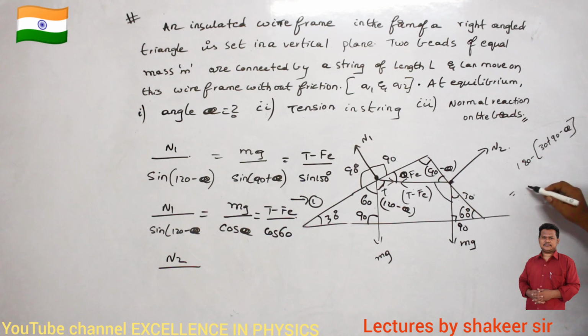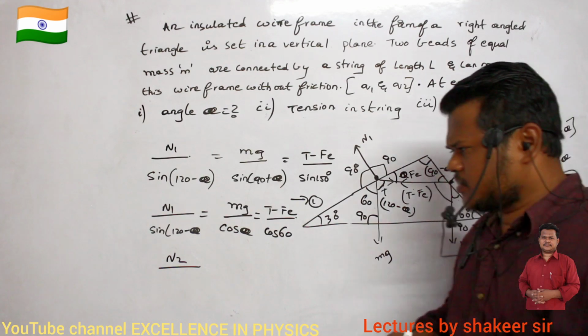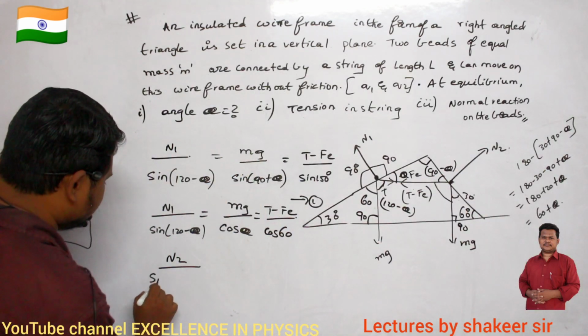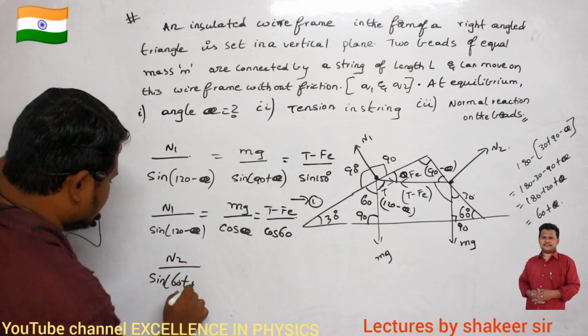Total, how much will it be? 180 minus 30 minus 90 plus alpha. So 180 minus 120 plus alpha, so 60 plus alpha. So N2 divided by sine 60 plus alpha.